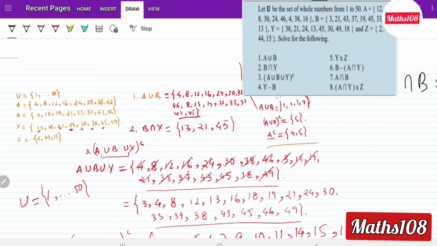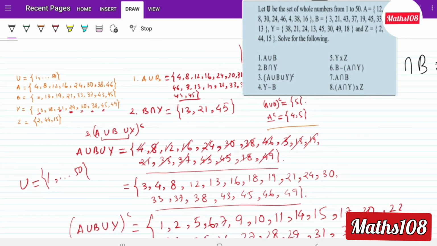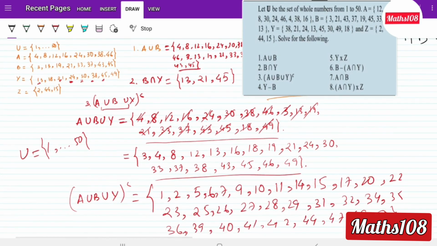Next we calculate B intersection Y. Intersection is simple, that we need to write the common elements only between the two given sets. Then we calculate the complement. Complement is such that we need to write all the remaining elements of the universal set excluding the given set.